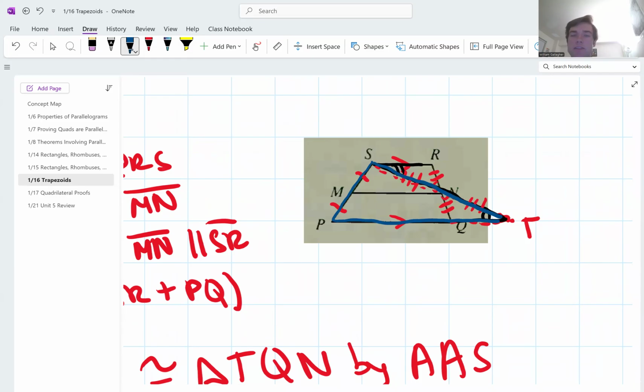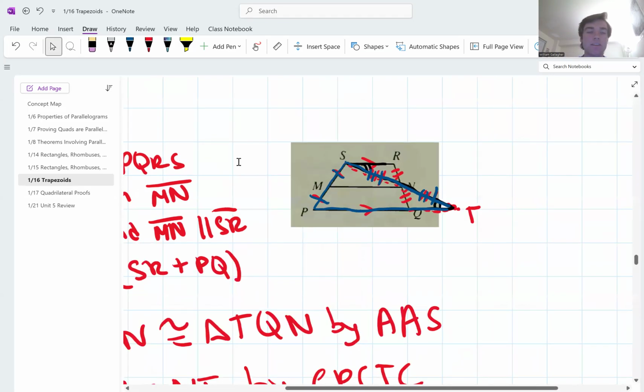we have this triangle SPT, and MN is drawn to join the midpoints of two sides, SP and also ST. Because MN joins the midpoints of two sides of a triangle, we have a theorem, the last theorem from January 8th, that says that MN is going to be parallel to PT, and it's also going to be half the length of PT.